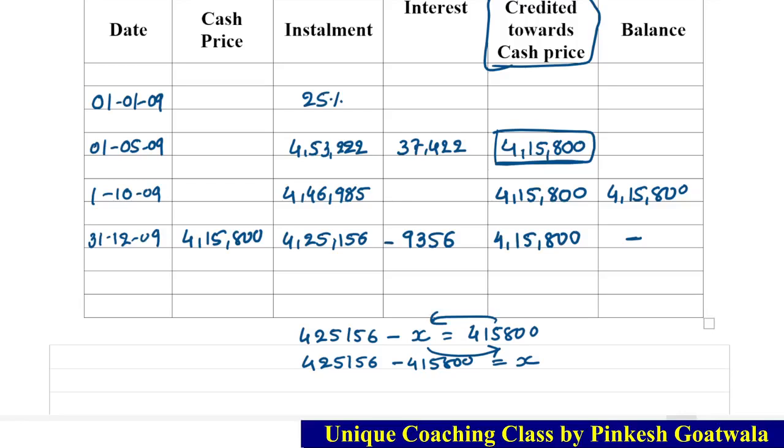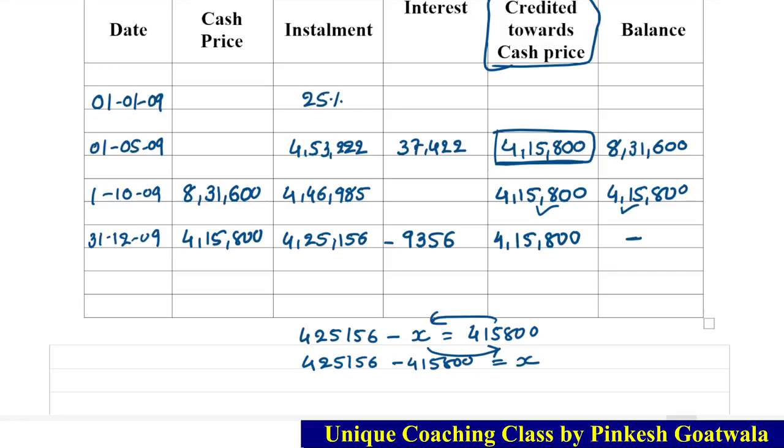Now next, we know that the total of both will go up to 4,15,800 plus 4,15,800, so 8,31,600. Now these amounts will be transferred here.